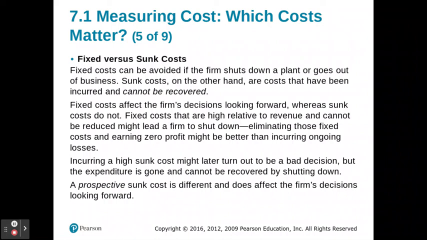A fixed cost could presumably, you could get some of that money back if you sold your business, and the fixed costs stop once you go out of business entirely. The sunk cost was a past decision. You just need to move past it in order to make your decision of what to do in the future.